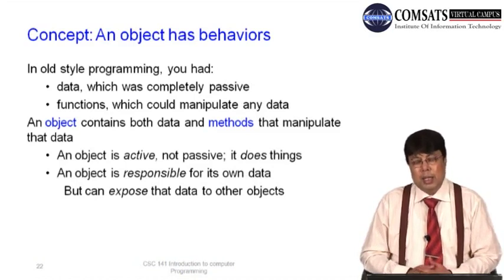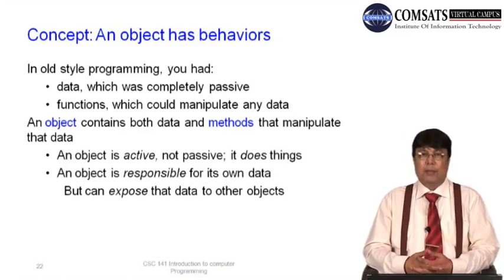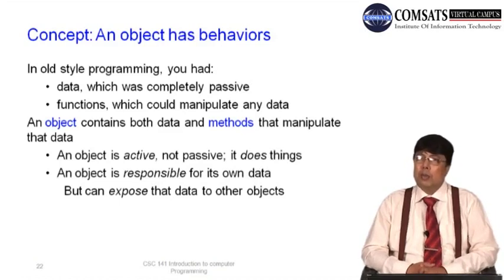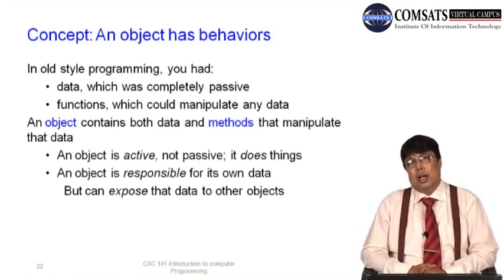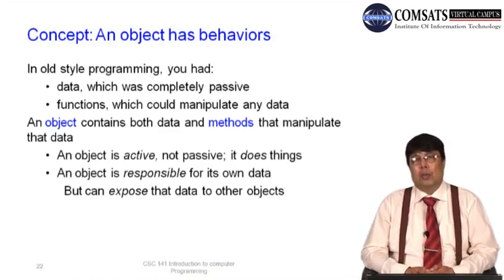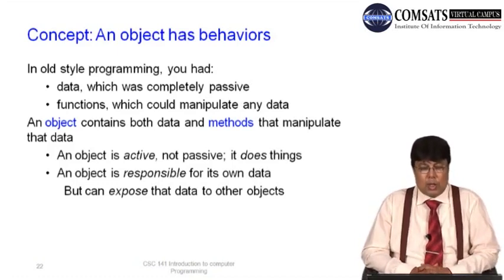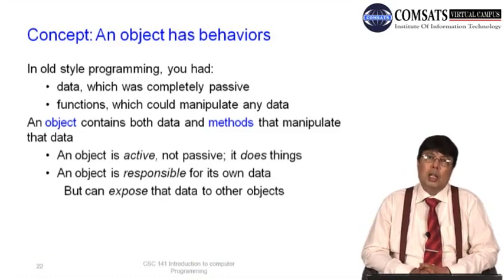Up to now in this course we have been discussing the C language, where data is completely passive, meaning whatever data value you provide, you cannot attach attributes to the data. The data is just an ordinary piece of information that can be used wherever you want, with no specific attributes. The functions which manipulate the data also use it as if it were a passive entity.